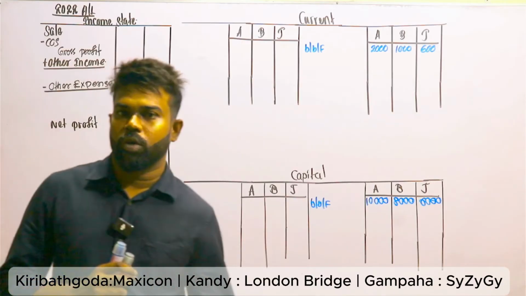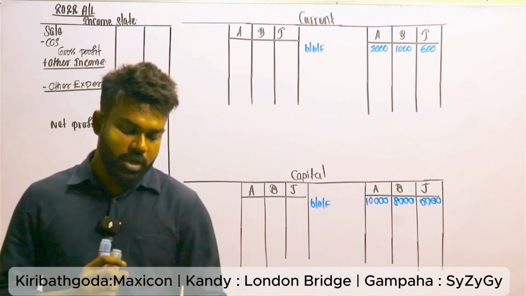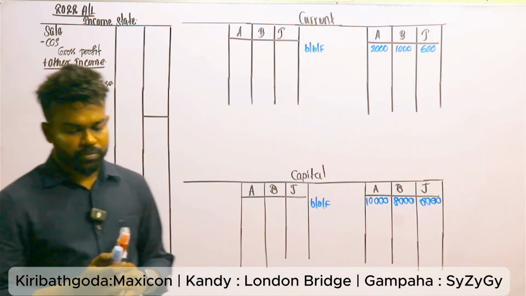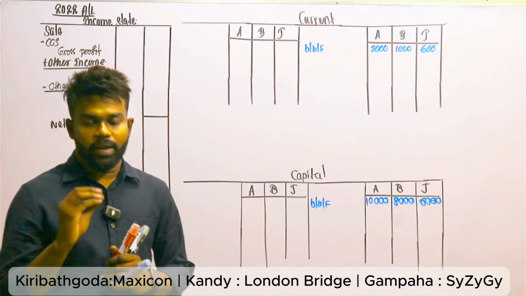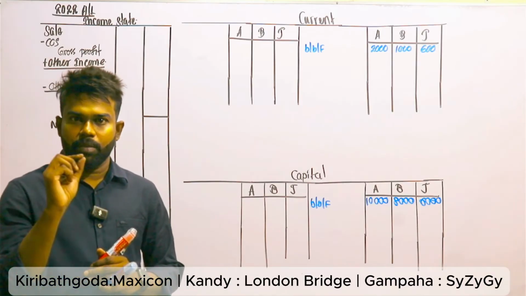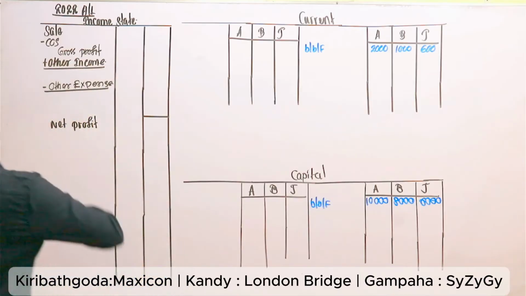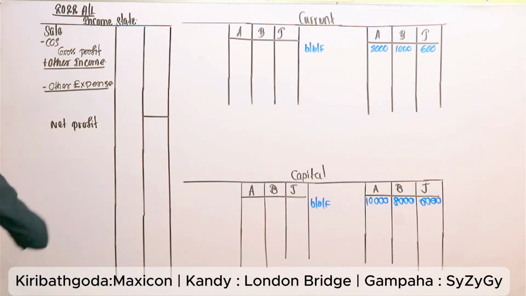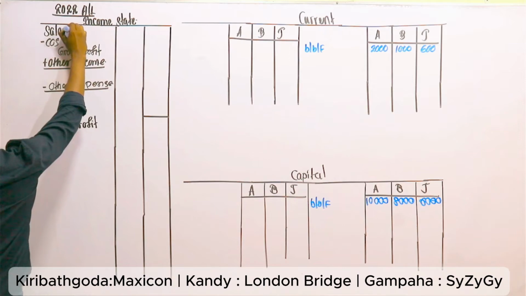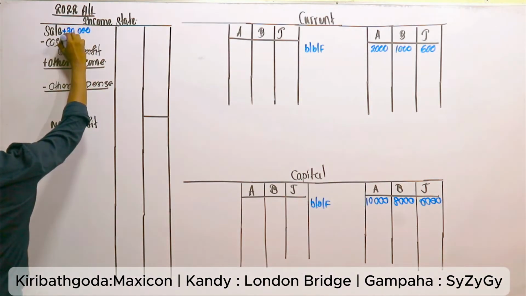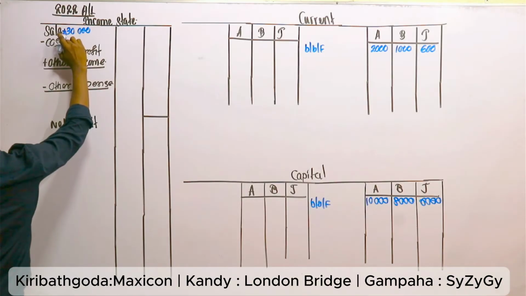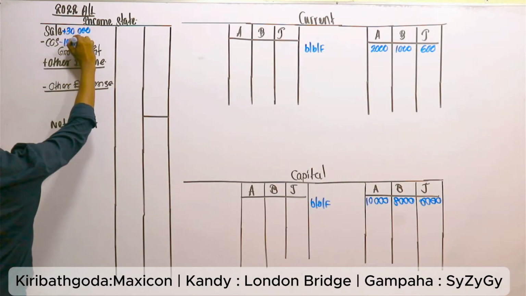Refer to row number 2 now. Let's start from row number 2. The question says sales revenue and cost of sales are respectively 30 million and 19 million. These balances can be adjusted. Therefore record sales income 30,000 here, and cost of sales 19,000 here.